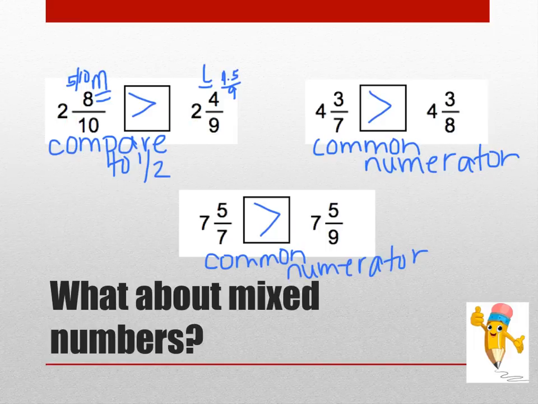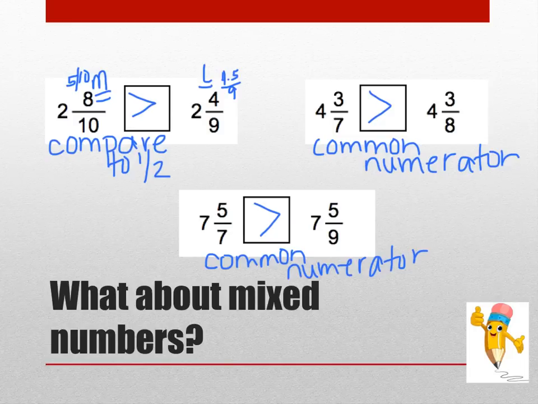But 8/10 and 4/9, finding a common denominator would take some work. So instead, I know half of 10 is 5, so 8/10 is more than half. Half of 9, well, that's 4 1/2, so 4/9 is a little bit less than half. That makes 2 8/10 greater than 2 4/9.